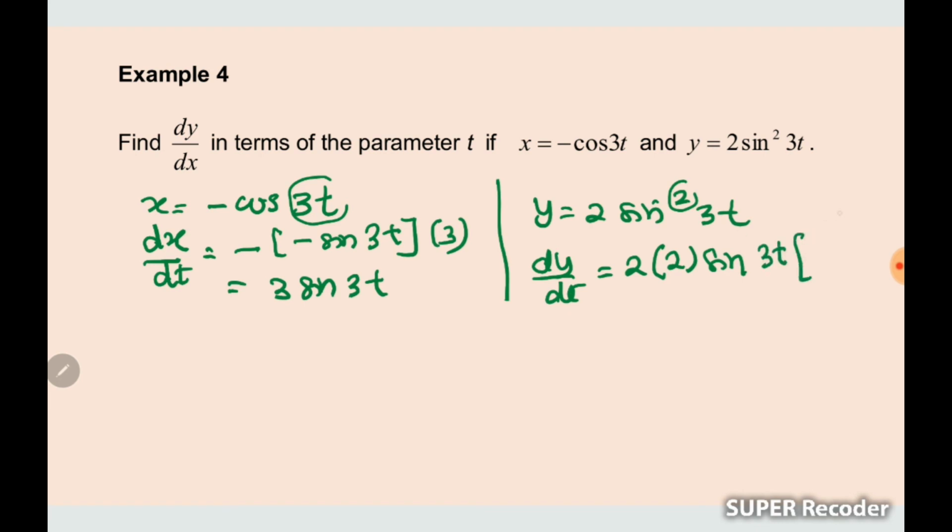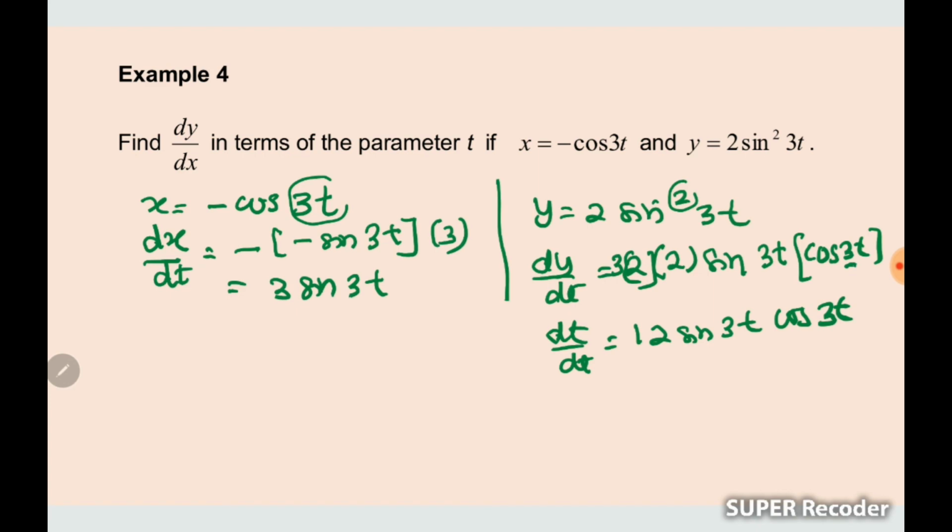Then differentiate sin 3t, the answer is cos 3t, then you have to differentiate 3t, the answer is 3. I write 3 in front. So finally the answer is dy/dt equals 3 times 4, 12, 12 sin 3t cos 3t.